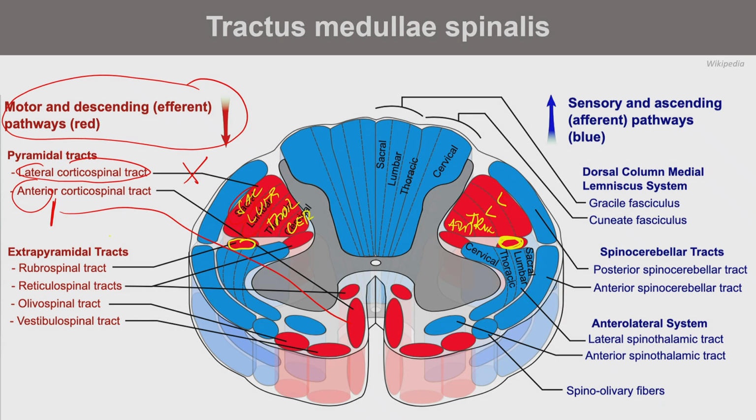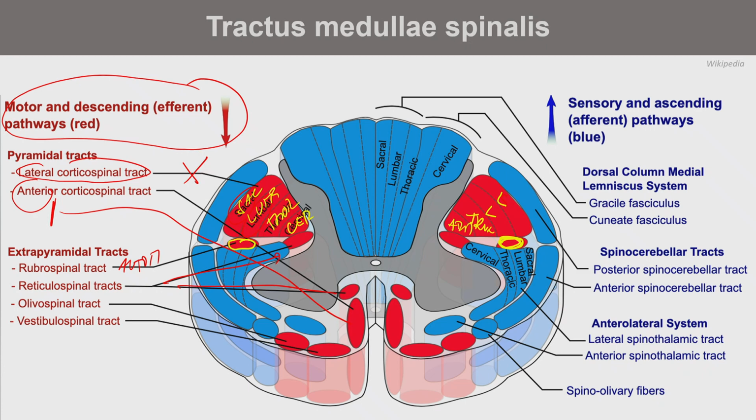So this is automatic. Then we have two reticulospinal tracts. One is anterior, and the second is medial.